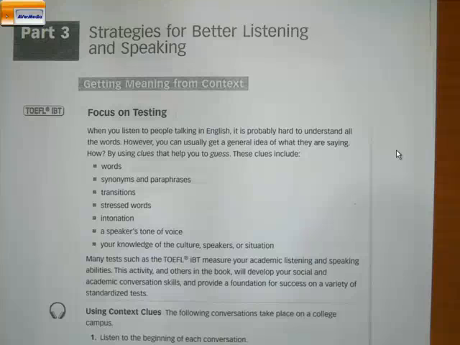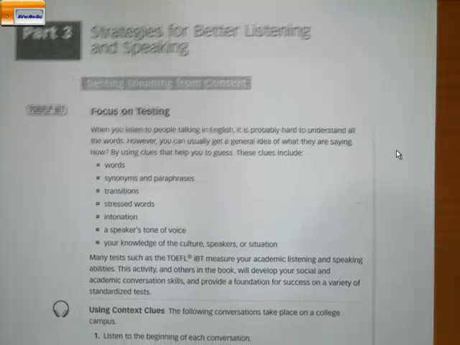Now, many tests, as they tell you, such as the TOEFL, measure your academic listening and speaking abilities. This activity and others in the book will develop your social and academic conversation skills. This will give you a foundation for success on a variety of standardized tests.